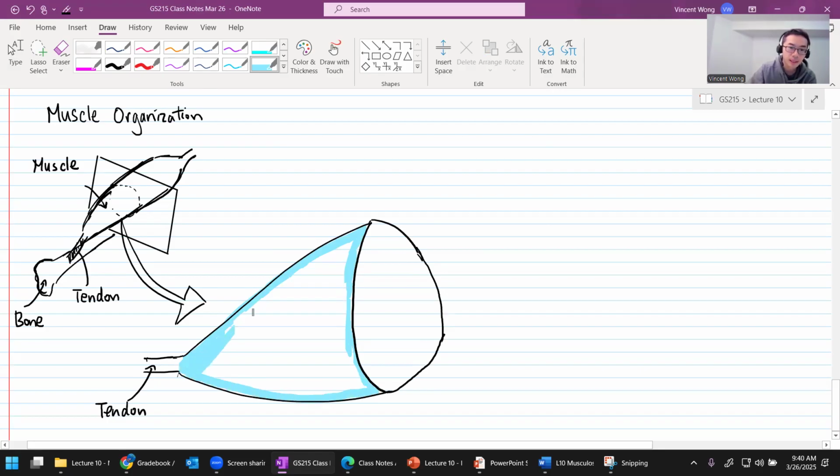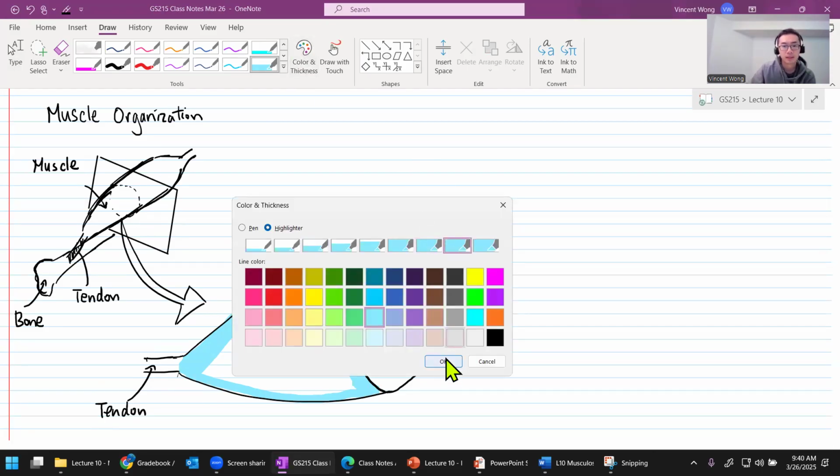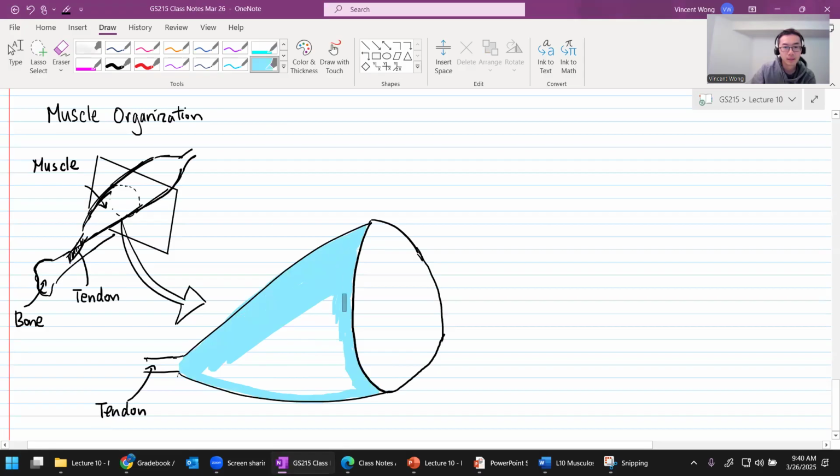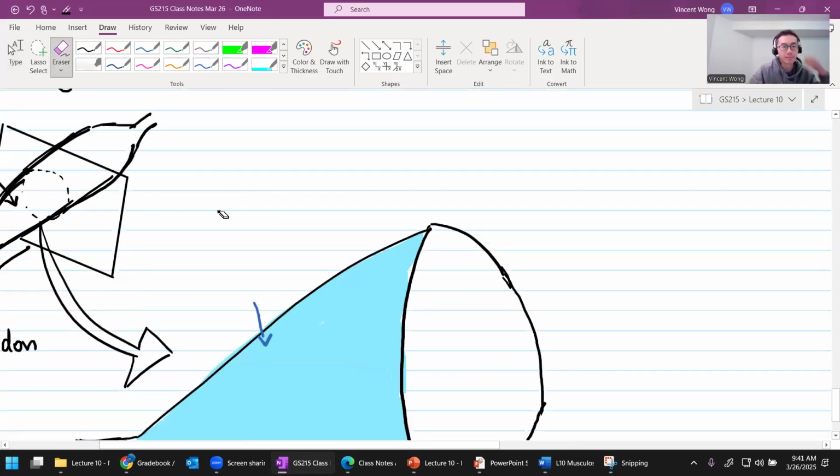Okay, so I hope you have colors, highlighters. There we go. It's going to be covering the entire muscle surface. Right? So that is called the epimysium.